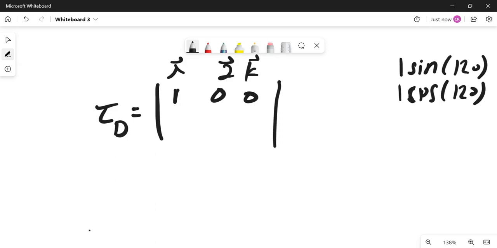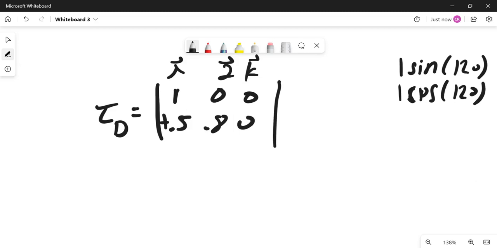If we put that into the calculator, our y component is 0.8 and our cosine is negative 0.5, but I'm going to make this positive since we want to go counterclockwise.